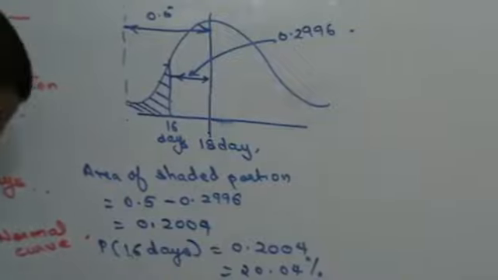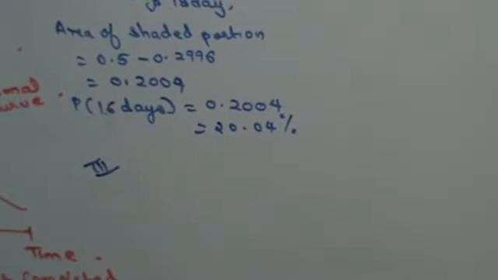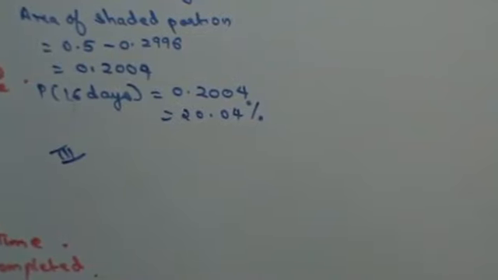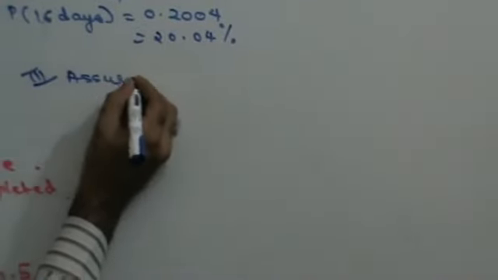Right? Now let's see something else in this, the third part of the question. Now the third part of the question says that the project manager wants an assurance of 95% that the project will be completed in time.